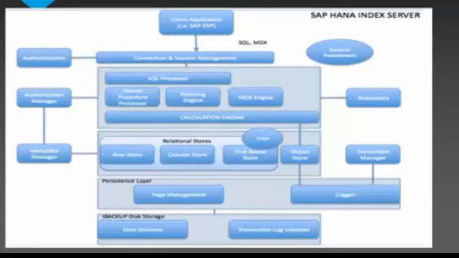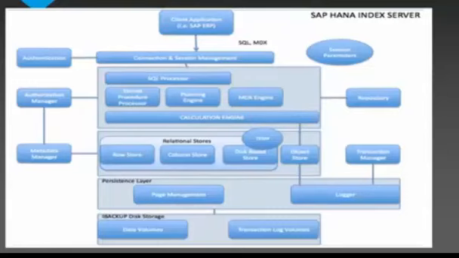Then we have the persistence layer. This layer is responsible for durability and atomicity of the transactions. It ensures that a database is restored to the most recent committed state after a restart, and it makes sure that the transactions are either completely executed or completely rolled back.